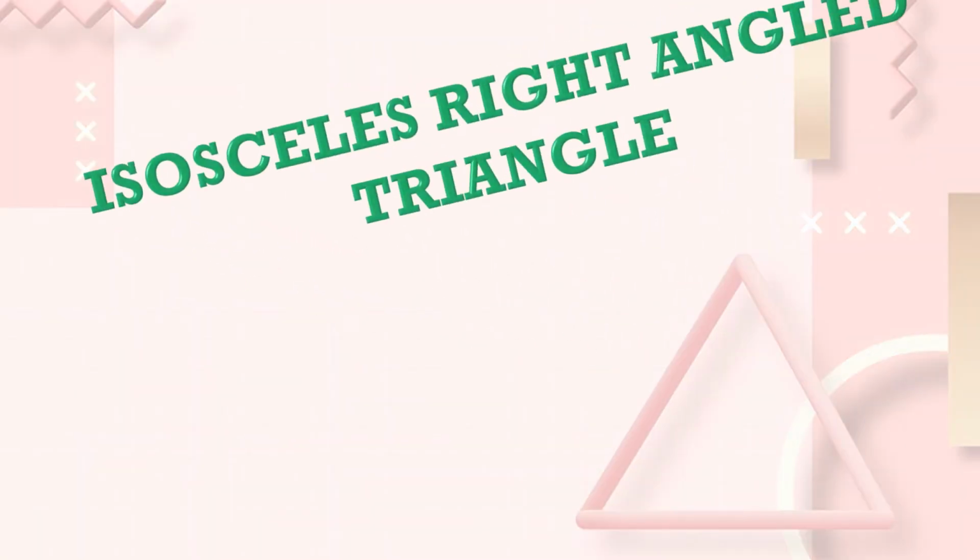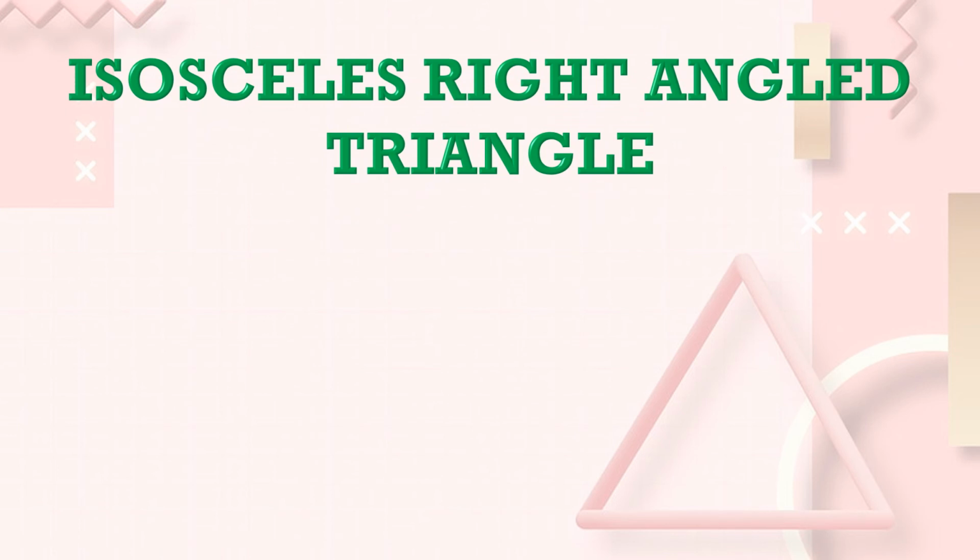Now this is a special type of triangle which is called an isosceles right angled triangle. As the name suggests, it is a combination of triangles on the basis of sides and on the basis of angles. It is a combination of isosceles and right angled triangle.